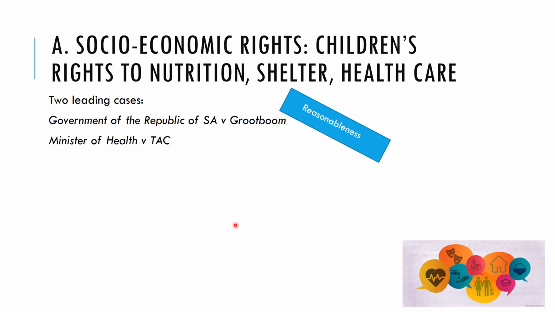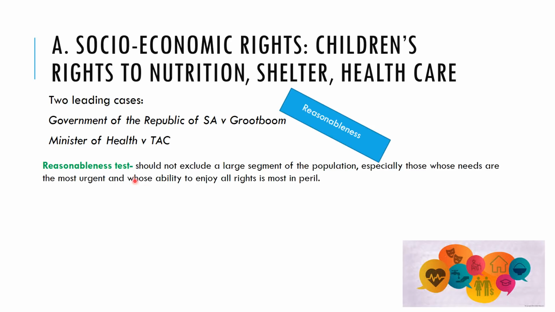An analysis of its relevance to children's socioeconomic rights rests mainly on the requirement that a reasonable policy should not exclude a significant segment of the population, especially not those whose needs are the most urgent and whose ability to enjoy all rights is most in peril.